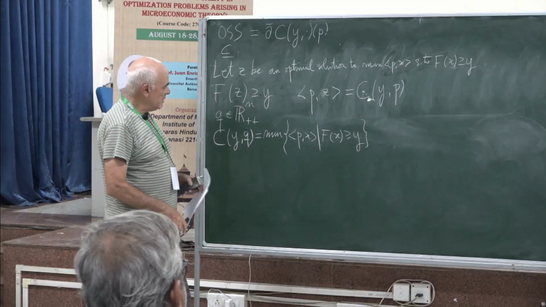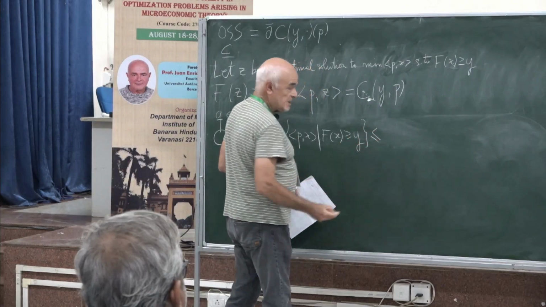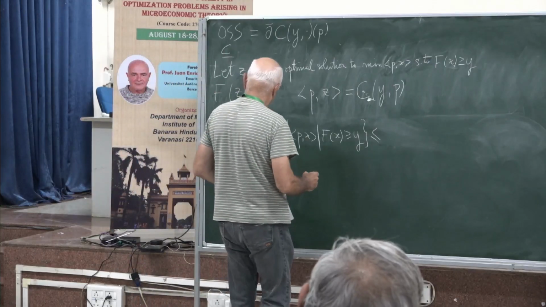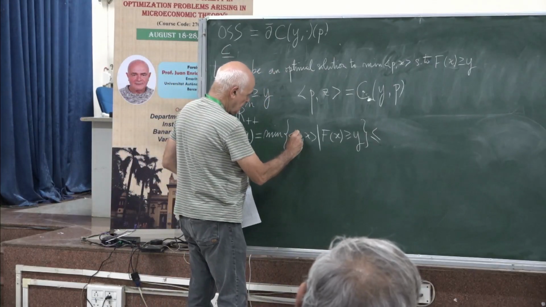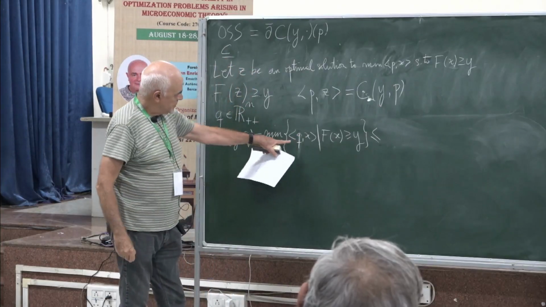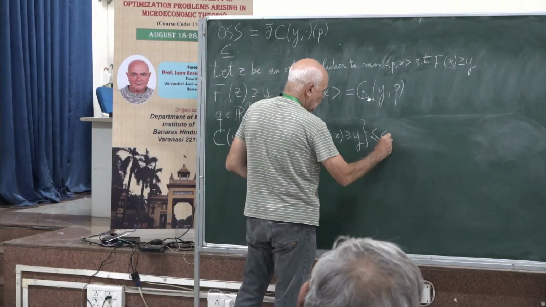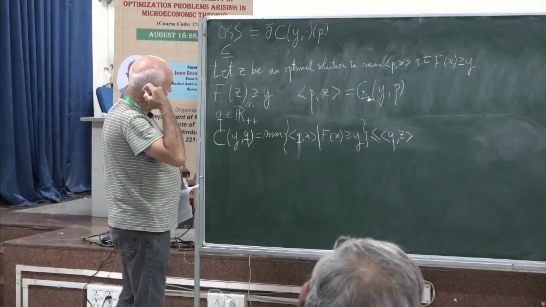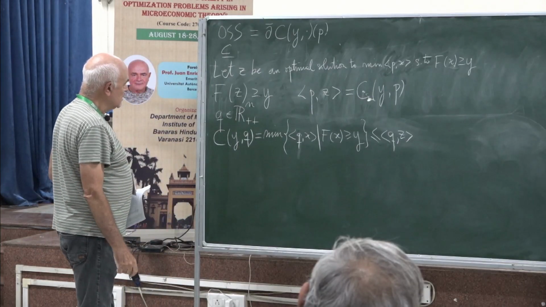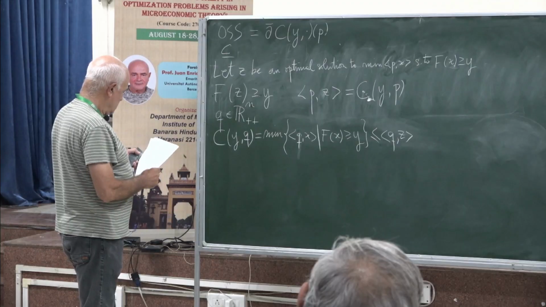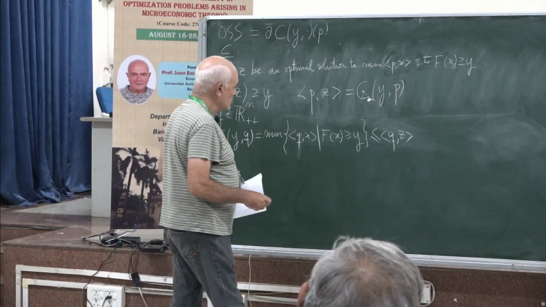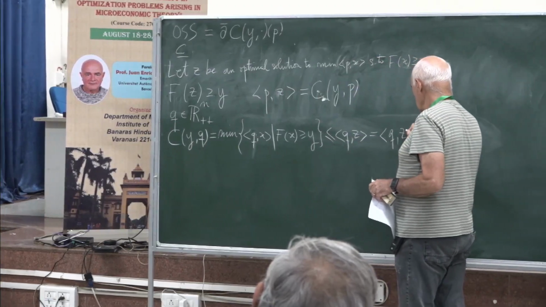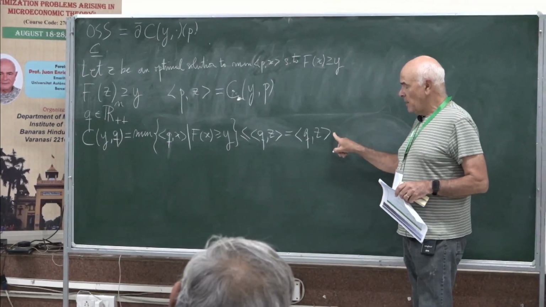So this minimum value is less than or equal to one feasible value, which is, sorry, this is q. Okay, q, q. Then this is less than or equal to q inner product z. And then I hope you agree that nothing changes if I add here 0.